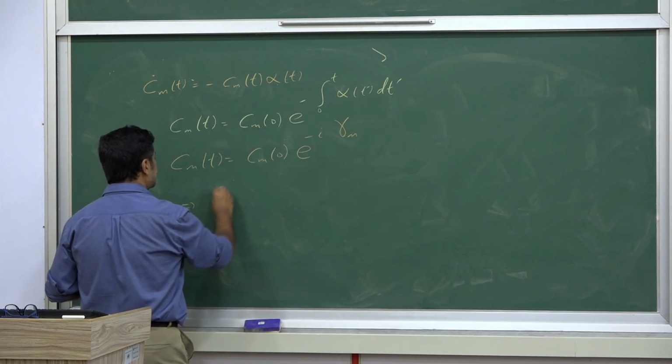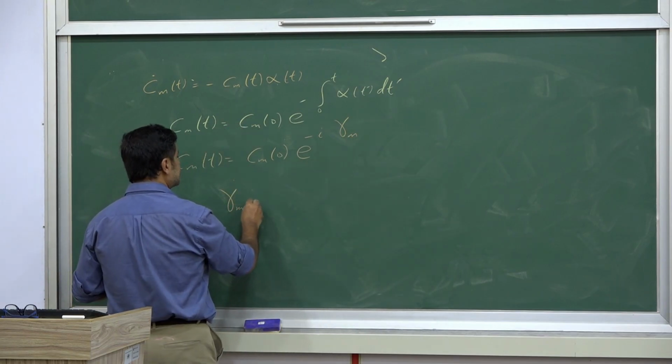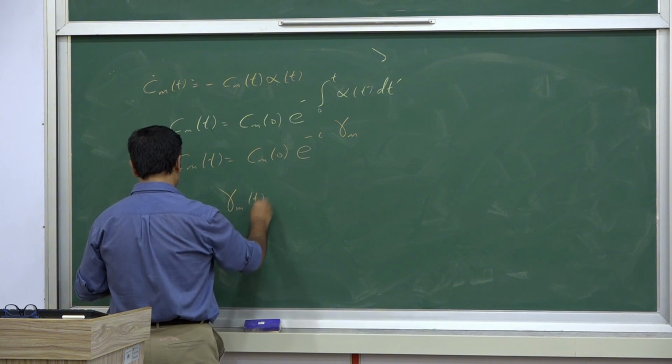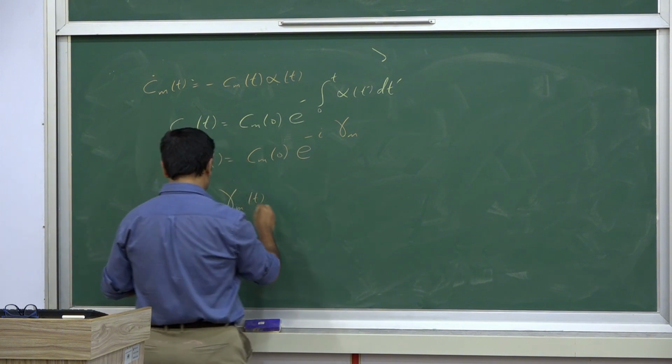So that means this gamma n of t is this.